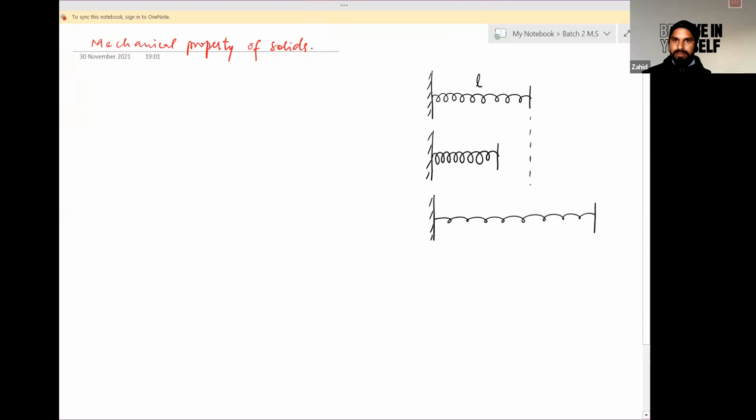This is your actual position. A deforming force is applied along this direction to compress it, and for this part, along this direction to stretch it.